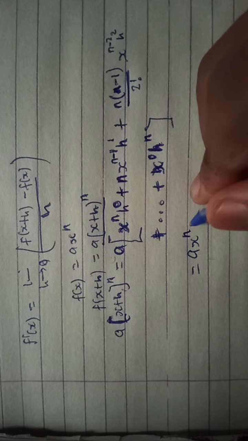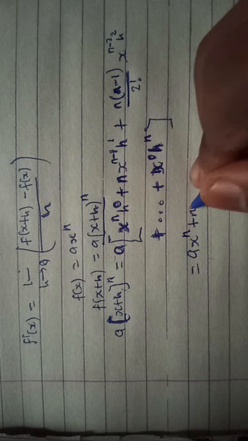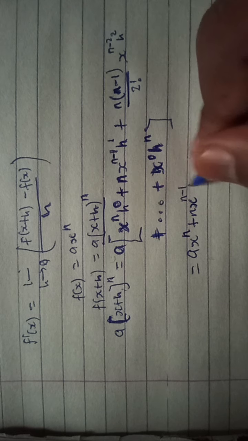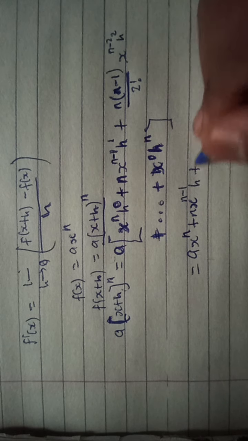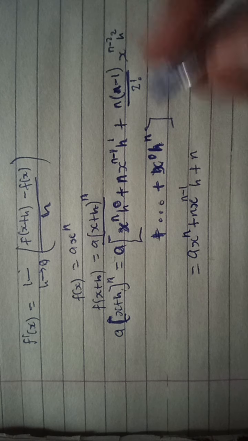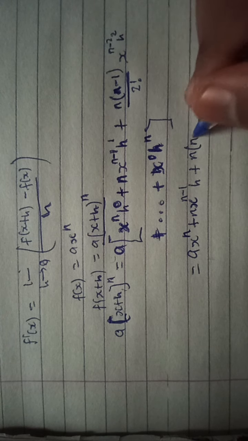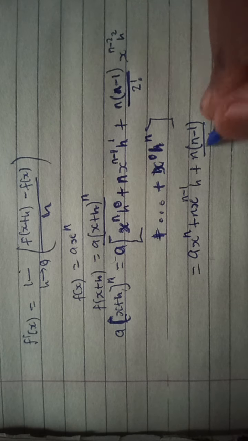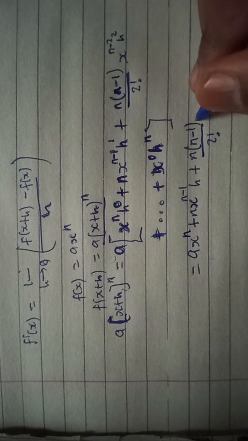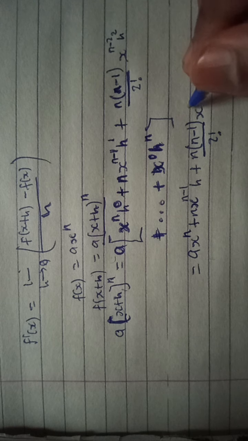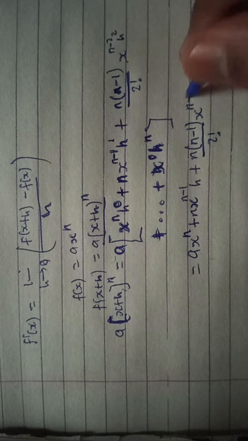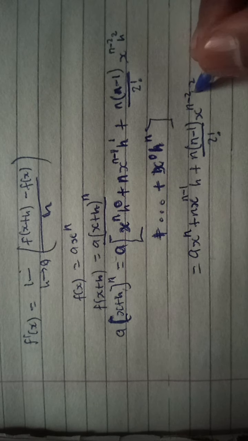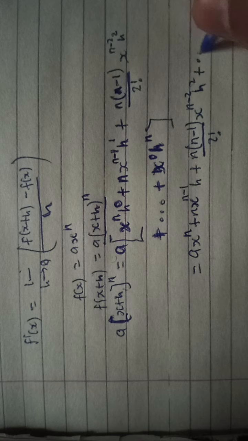So we won't bring it here again, plus n multiplying by x power n minus 1, and then h power 1 is h, then plus n multiplying by n minus 1 all over 2 factorial. Have you seen that? Multiplying by x power n minus 2 multiplying by h squared.